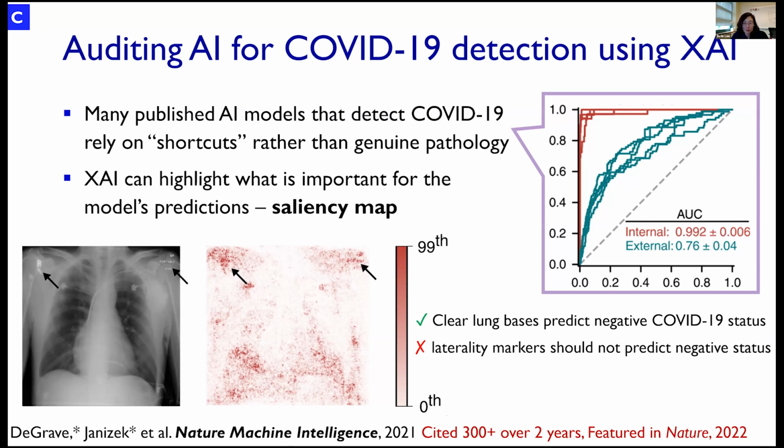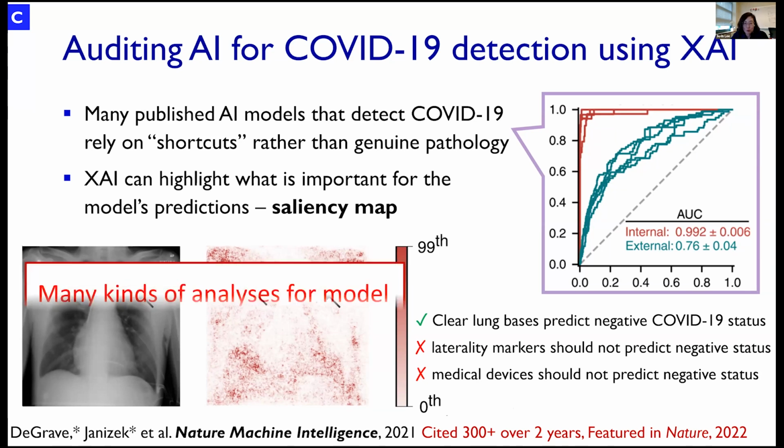You see these left and right top corners of the X-ray images. You certainly don't want your AI model to focus on that kind of information. And also medical devices the patient is wearing, to predict negative COVID-19 status, not based on genuine pathologies.